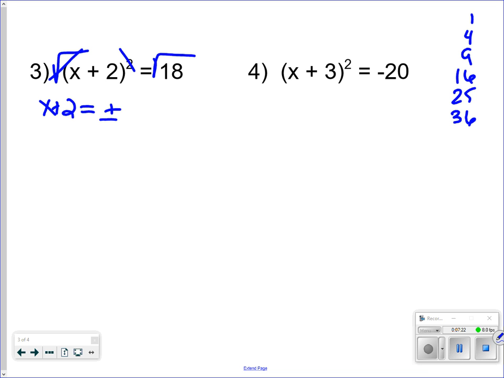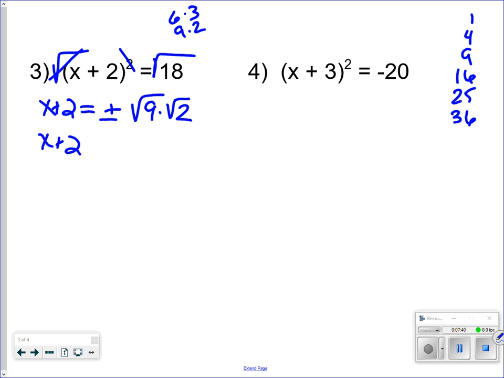Now think about those numbers that multiply to give you 18. 6 times 3, 9 times 2. Which one of those sets has a perfect square in it? You want to pick 9 times 2. 9 is on your list.